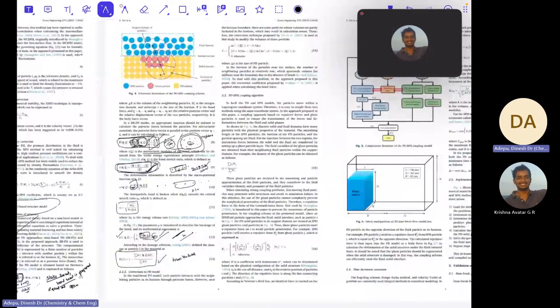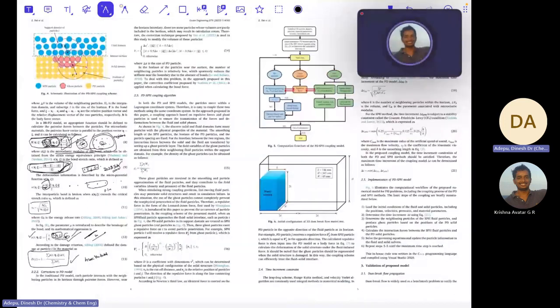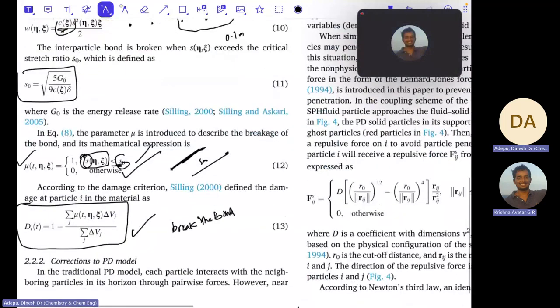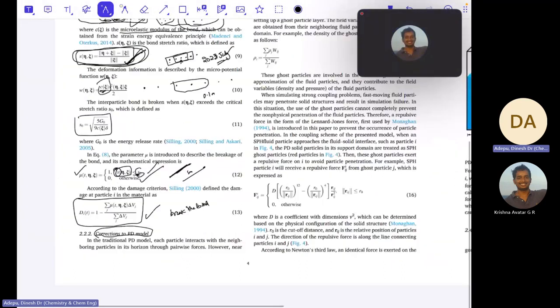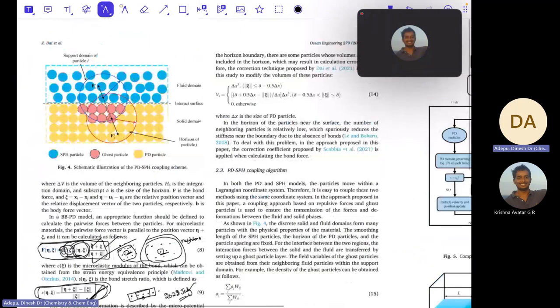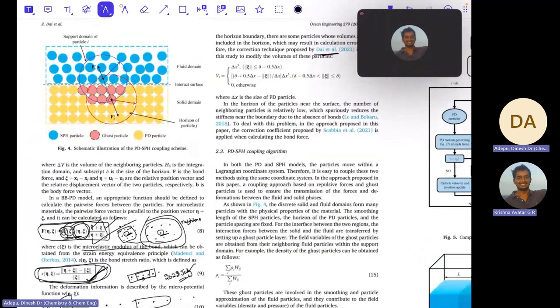Sorry, just a moment. I'll show it here. So he has some highlights, but the highlights didn't come in the PDF. He says corrections to the PD model, which the previous people did not do. And this correction is not done by him. He took this correction from the PD Dynamics paper and is adding it in the FSM. So it's not nothing new.